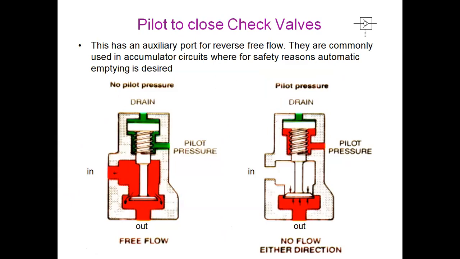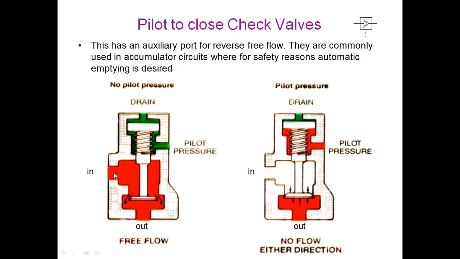See here, the pilot to close check valve. This is the auxiliary port for reverse free flow. They are commonly used in accumulator circuits where, for safety reasons, automatic emptying is desired. We can see free flow, and no flow in either direction.